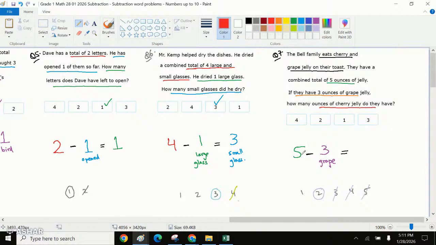That means if the total was 5 ounces, 3 ounces was grape, then 2 ounces would be cherry. Agreed? All we are doing is relating to real life scenarios in which two quantities would make up the larger quantity. So we just need to subtract the quantities. Okay. Moving ahead with the next question.